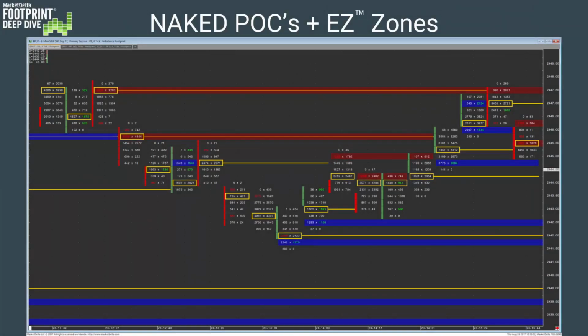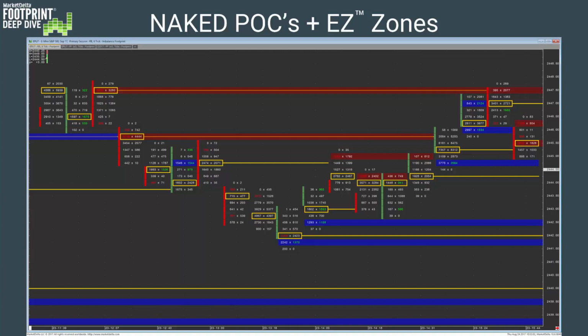All right, this one, I've combined the naked POCs, which are the yellow or golden colored lines, with the easy zones. Now these easy zones I'm not going to describe too much because Anthony gets into those in 2 sessions, but this is a really interesting way to pair up the two, which is why I wanted to show it, because once you get through his sessions, you might want to come back.